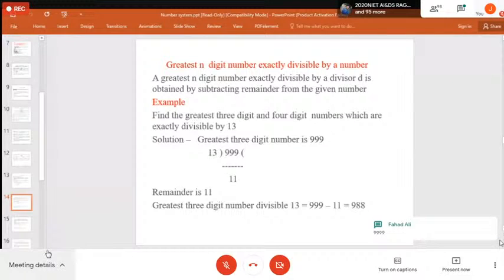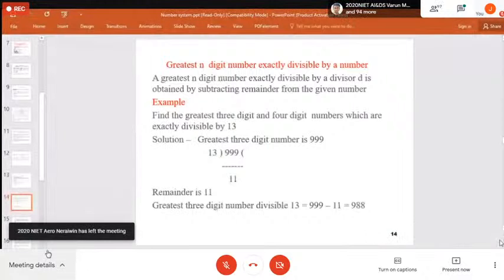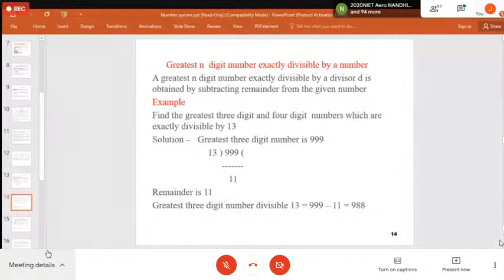When you divide 9,999 by 13, you will get some remainder. Subtract this remainder from 9,999 and you will get a number. That number is the greatest 4-digit number exactly divisible by 13. This is the procedure to find the greatest n-digit number exactly divisible by a number.